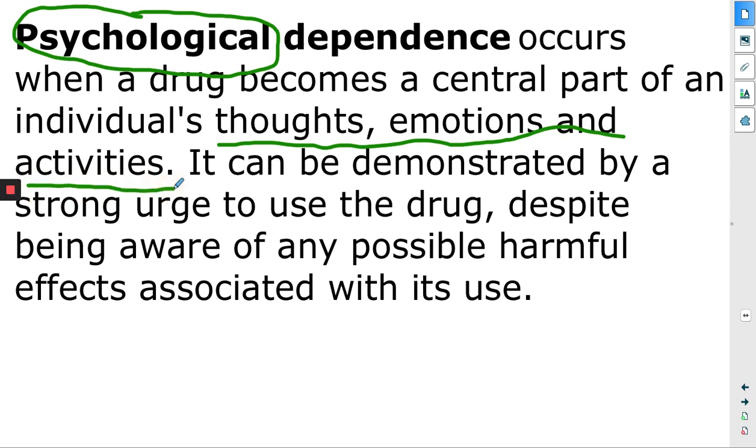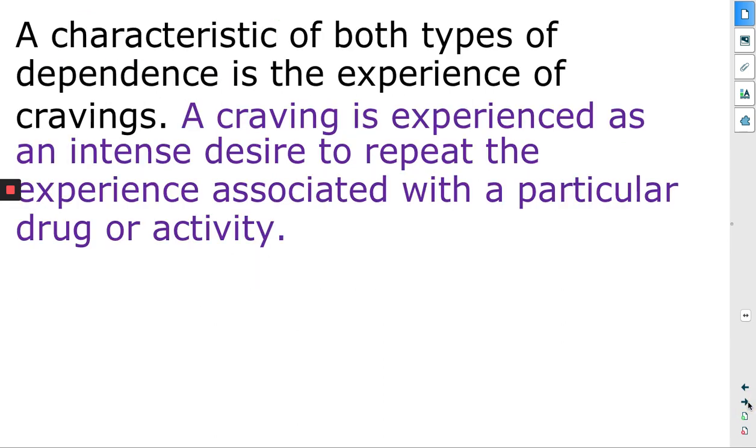So in the same way that we have physical dependence, we have psychological dependence. So in other words, I may well be aware of the things that the drugs are doing to me, but I am psychologically dependent on them. Okay, so it says here, a characteristic of both types of dependence is cravings.